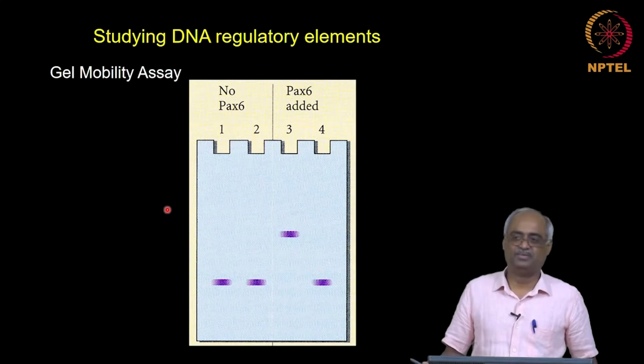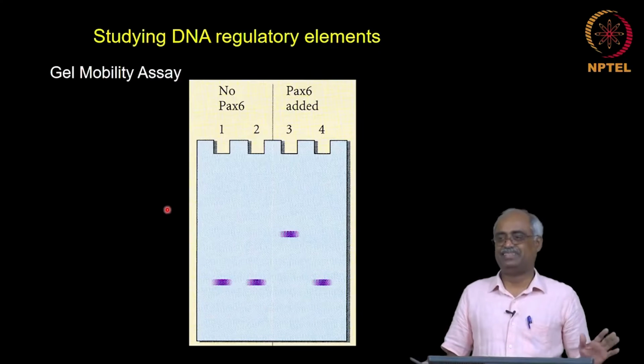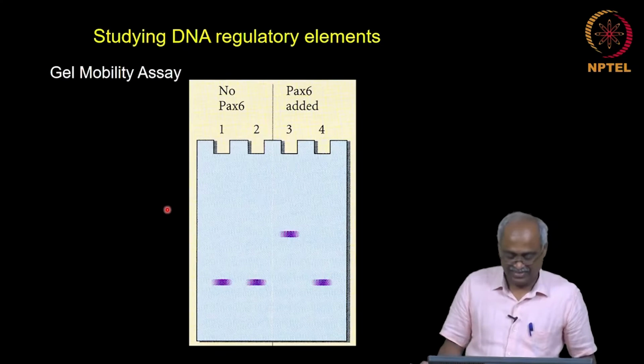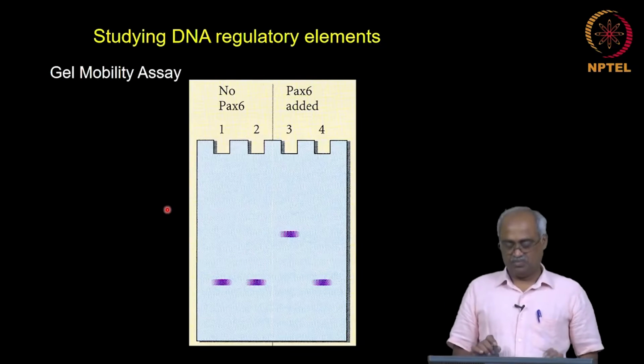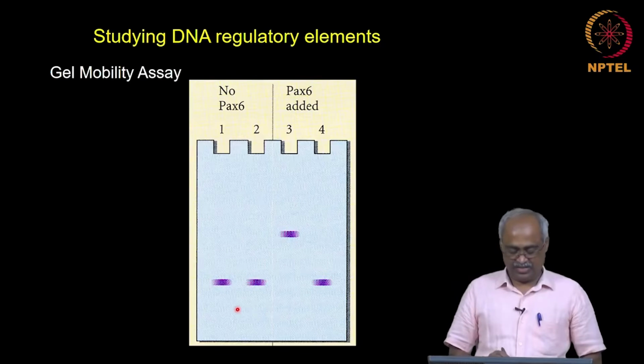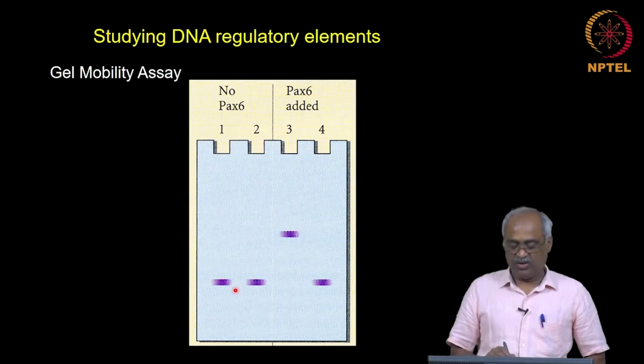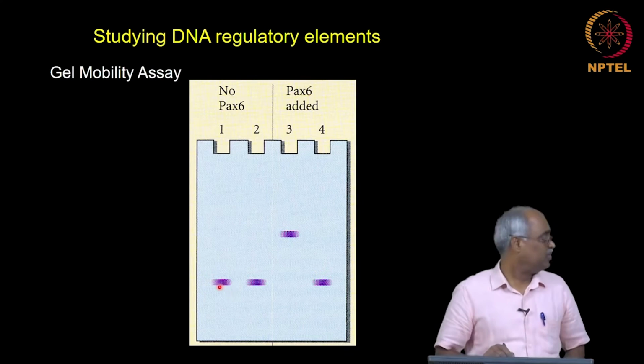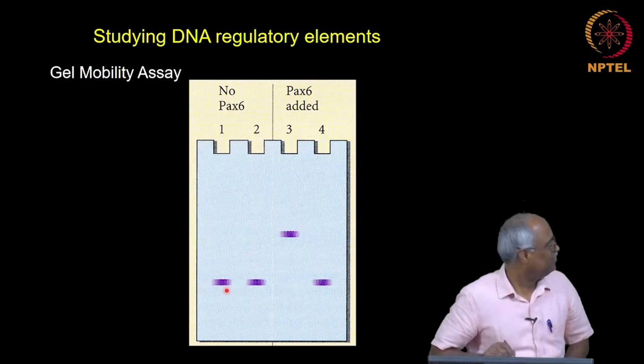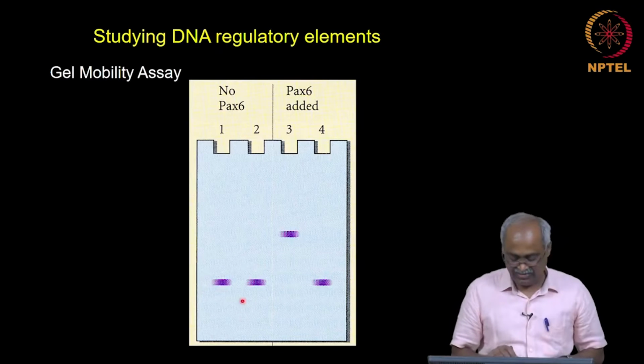Okay. So some labs call it one way, some labs call it another, some labs do not even say that, they say mobility shift, gel shift. Okay. So it is extremely simple technique. So what you are actually doing is you take a radio labeled version shown here in this whatever color that comes on that screen. Here for me it looks purple.